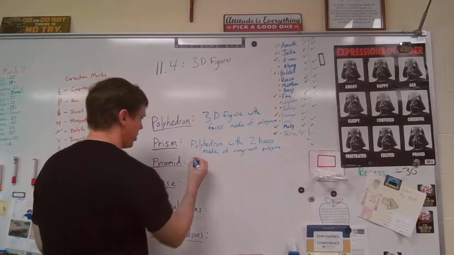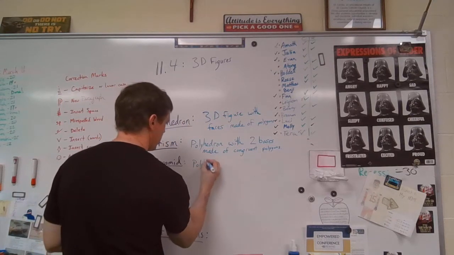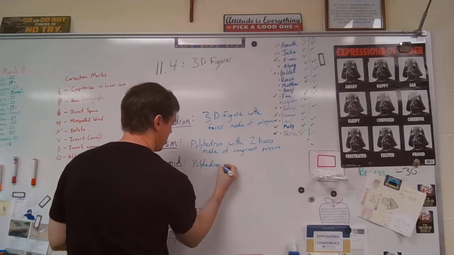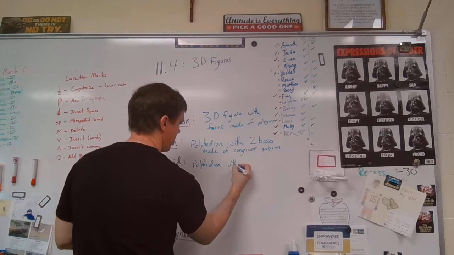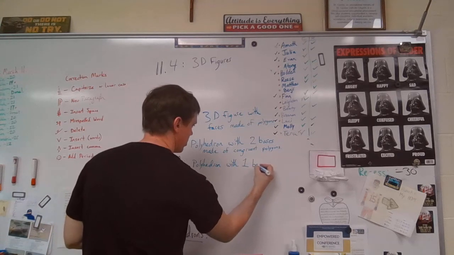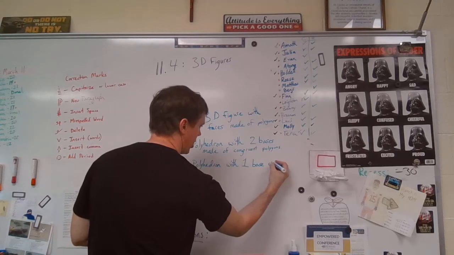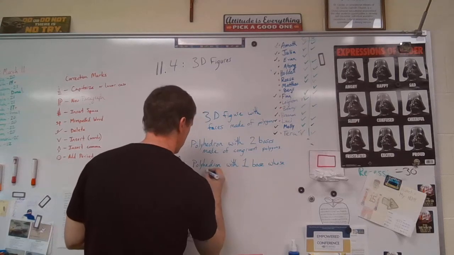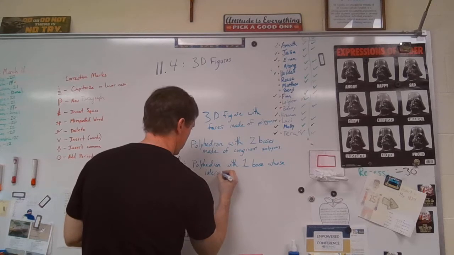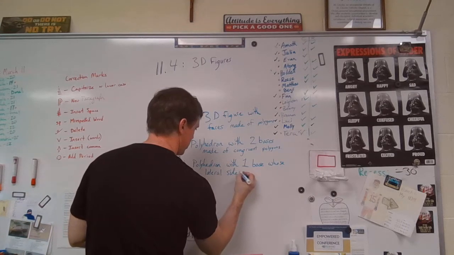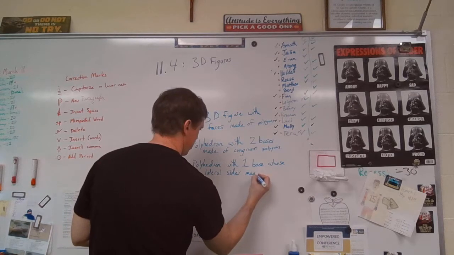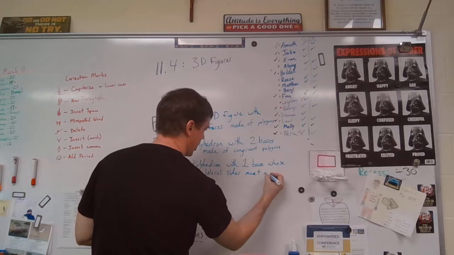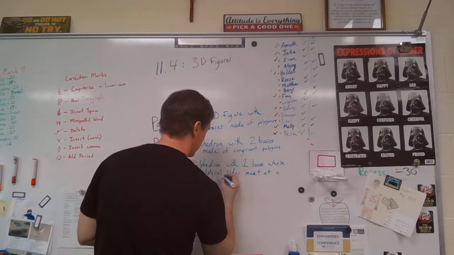A pyramid is a polyhedron with one base whose lateral sides meet at a point.